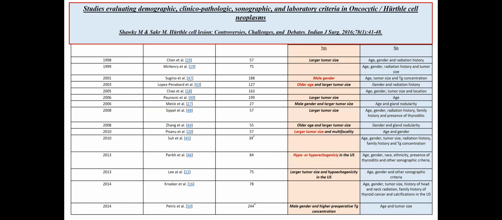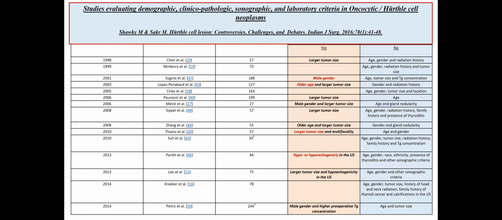Now on histologic diagnosis, when you look at oncocytic carcinomas, most of them are present in the male, genetic males. They are larger tumors in the older age group, and they tend to be hypo or hyperechoic on the ultrasound. So those are some of the features that are prominent in oncocytic tumors.